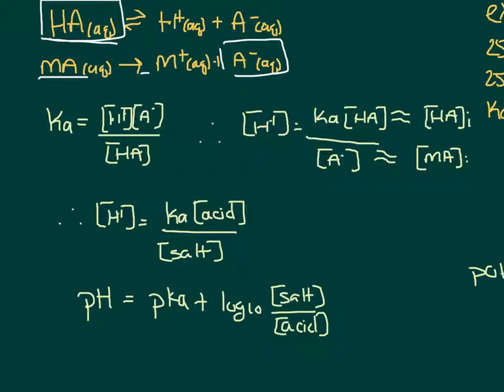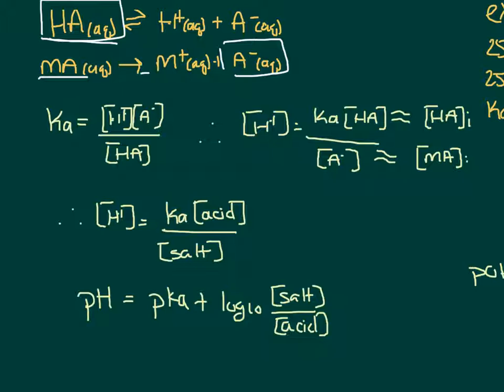If we are trying to isolate our hydrogen ions, because that is specifically what we're looking for, so we can go to pH, just manipulating the equation, we have our Ka multiplied by the acid. Now remember from the previous slide that the initial concentration of our acid is the concentration of the equilibrium acid because of the small Ka value.